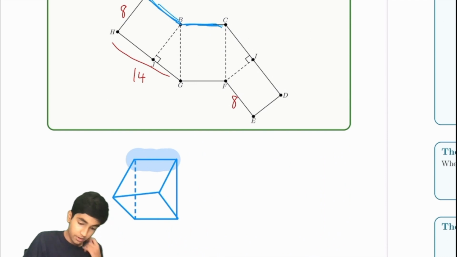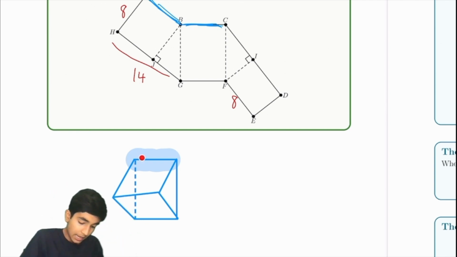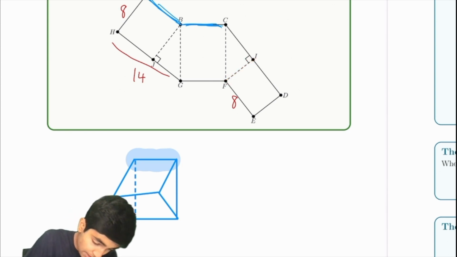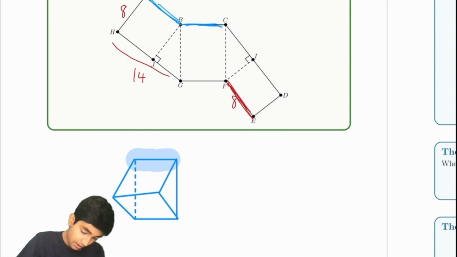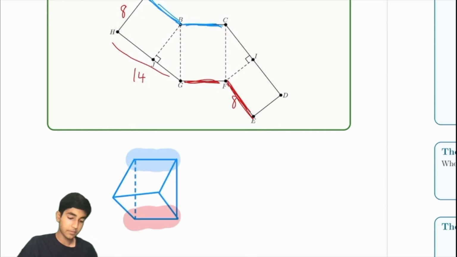They'll form this edge when they combine together, right? Because as you can try and imagine, you fold along the dotted edge, they connect along over here. And similarly, if we fold along this edge, let's use red this time, this over here and this over here, they'll connect to form this edge here by the same logic.